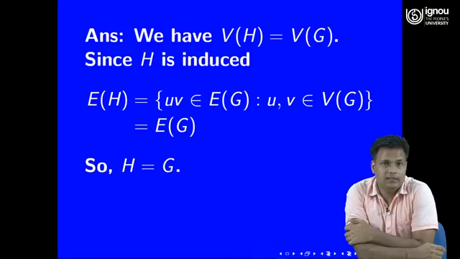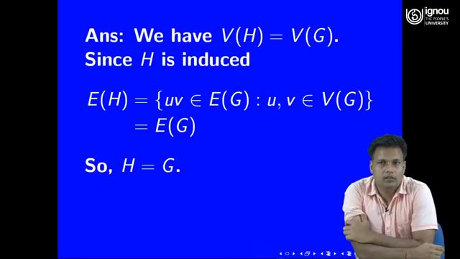And since H is an induced subgraph, it means that it contains precisely those edges whose endpoints are adjacent in G. And since it contains all the vertices of G, EH becomes equal to EG, and therefore H is nothing but the graph G itself.